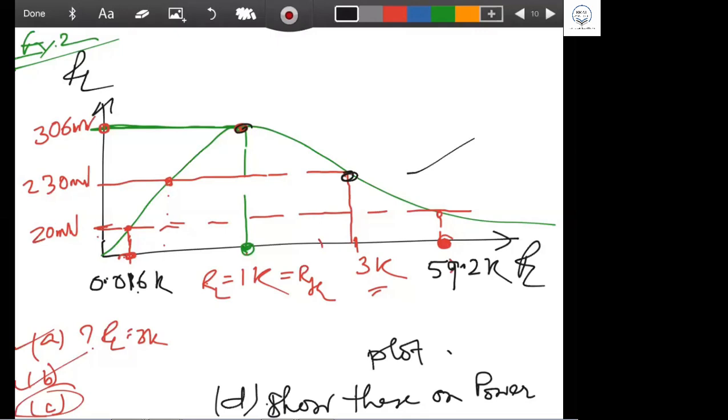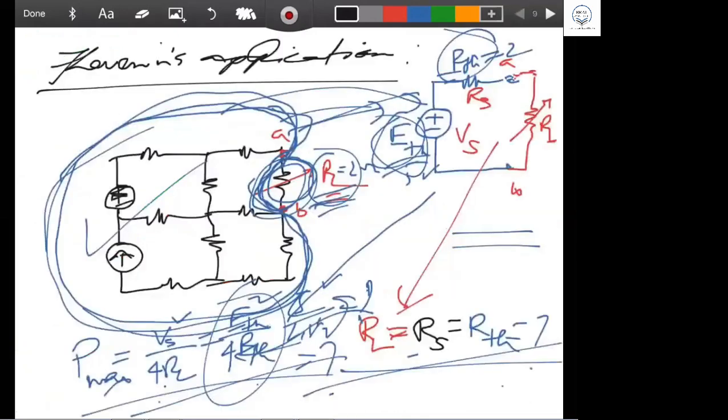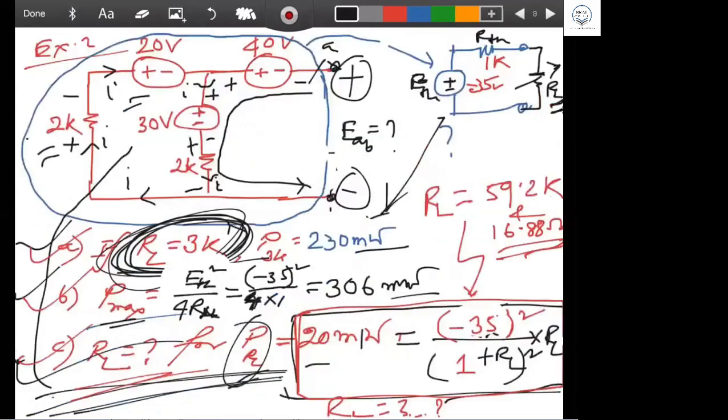All of you understand what I'm talking about? Look at it. This question number D will be here. Can you see what I'm writing? Plot the PL versus RL.